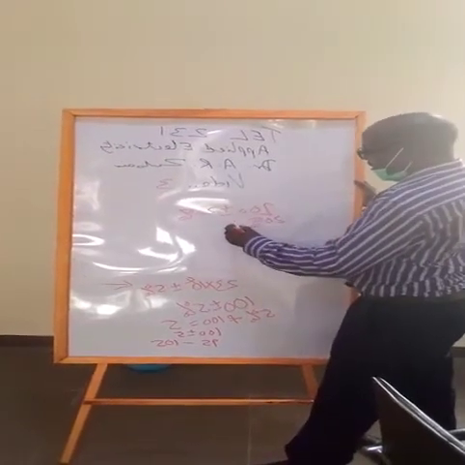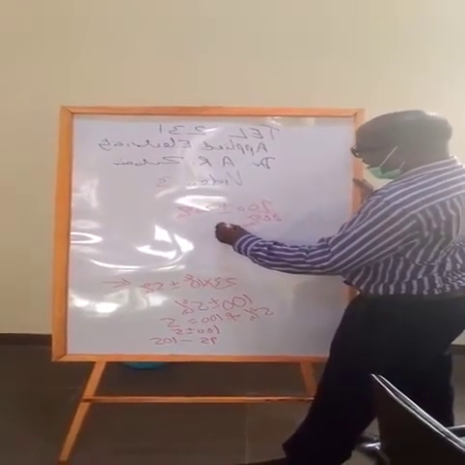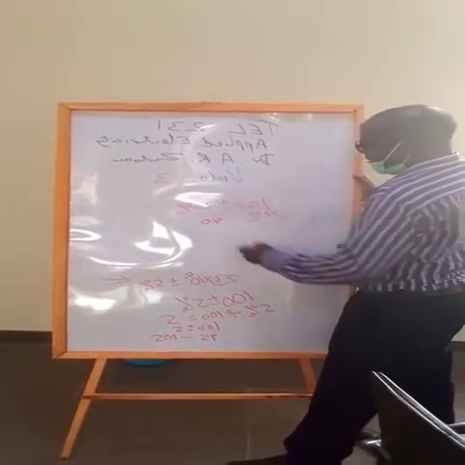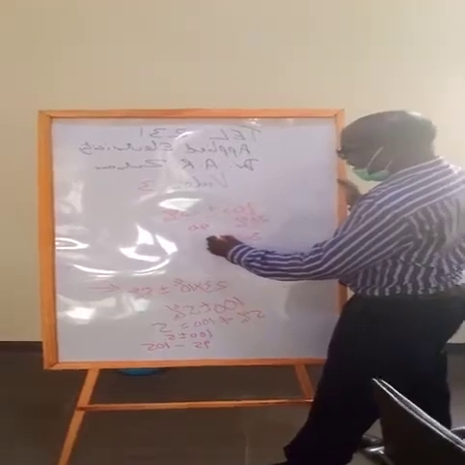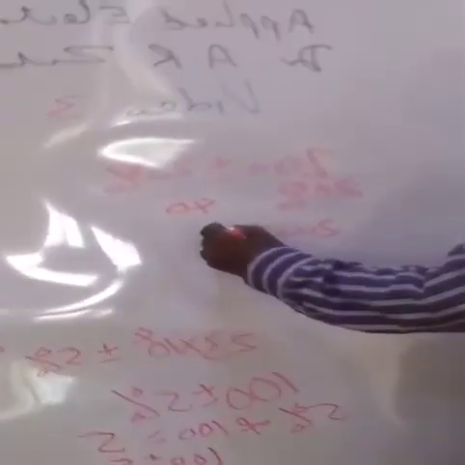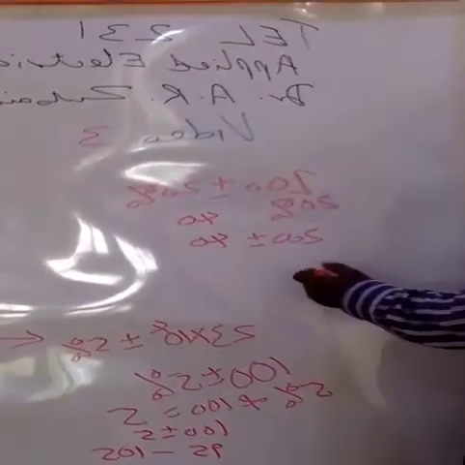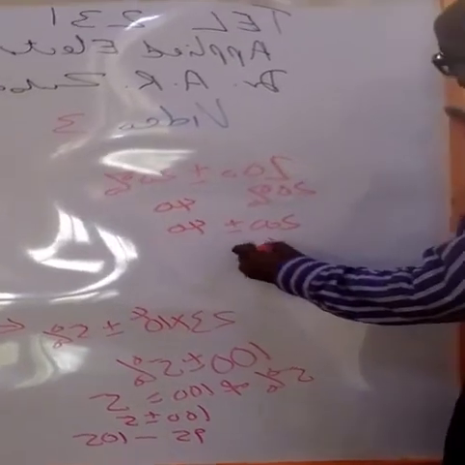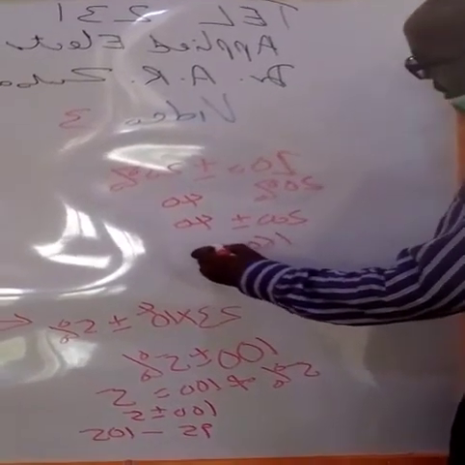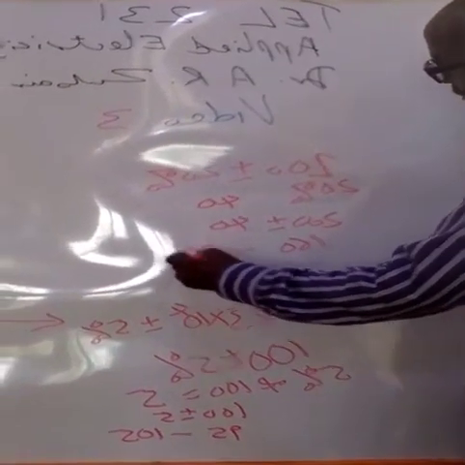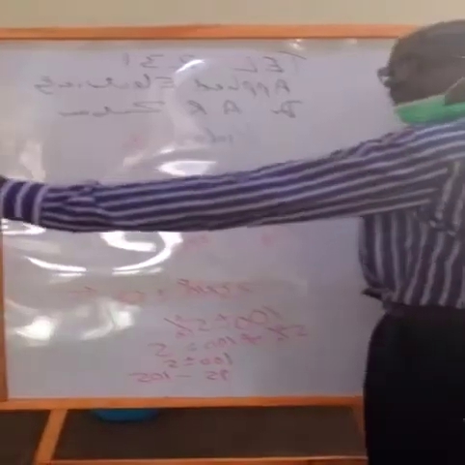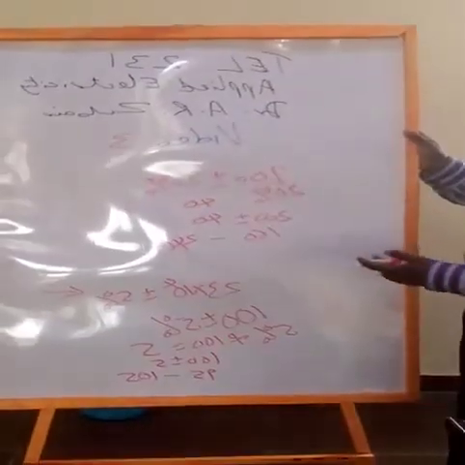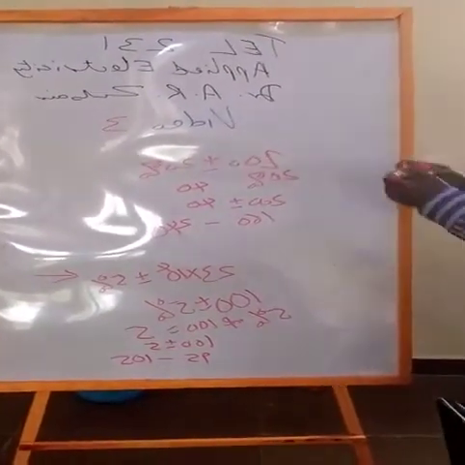That would be 40. Am I right? That would be 40. And that means this is 200 plus or minus 40. And that means this is a figure between 160 to 240. It can be 200 plus 40 or minus 40. That is the idea of tolerance.